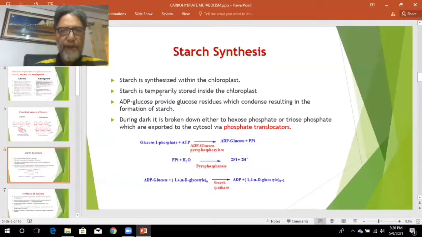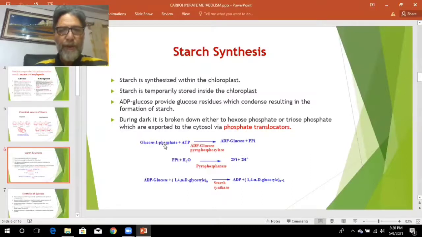Out of this Calvin cycle, what you get is glucose. That glucose is then further processed for starch formation, where there are enzymes responsible for it, and more energy will be used.